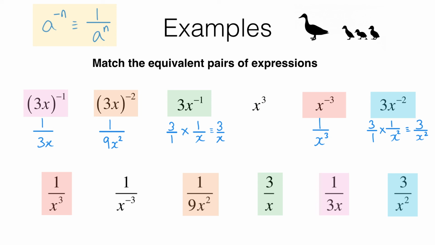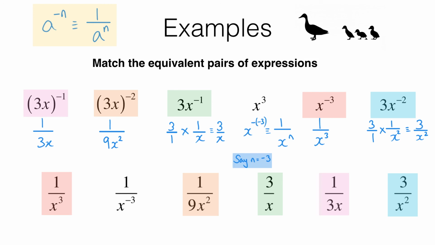We've got x cubed and 1 over x to the negative 3. So they must match. But let's see what's going on. We know that x to the negative n equals 1 over x to the n. Now, if we choose n to be negative 3, what we end up having here is x to the negative negative 3.